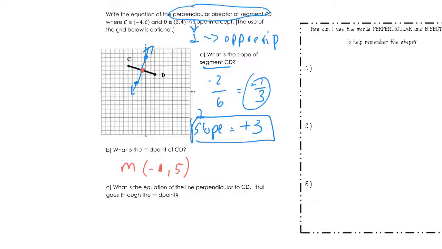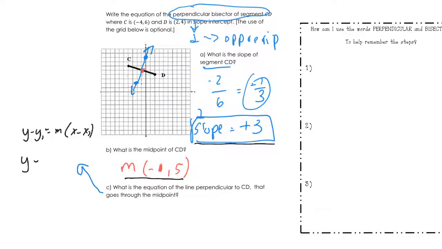But I also want to write the equation of this line. I'm going to do it up here where there's a little more room, but you could do it right below. Since I have a point and the slope, I'm going to write it in point-slope form because that'll be the easiest. y minus y1 equals slope times x minus x1.